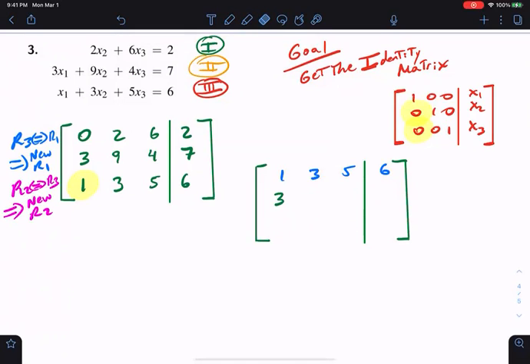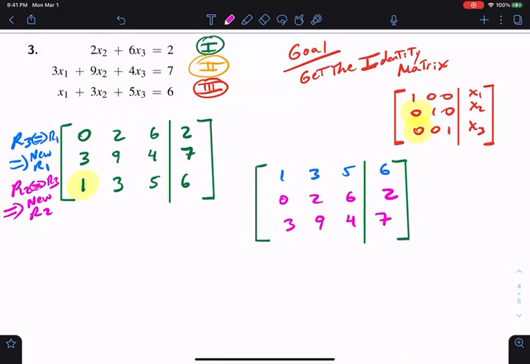Those two change position now. So this is now 0, 2, 6, and 2, and we have 3, 9, 4, and 7 here.